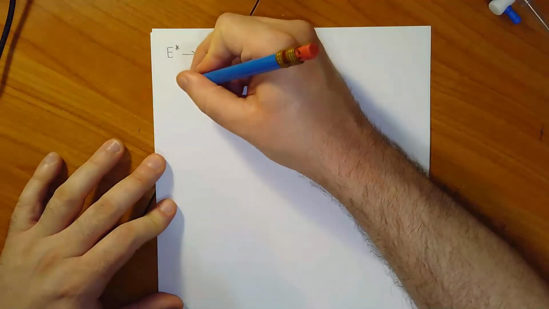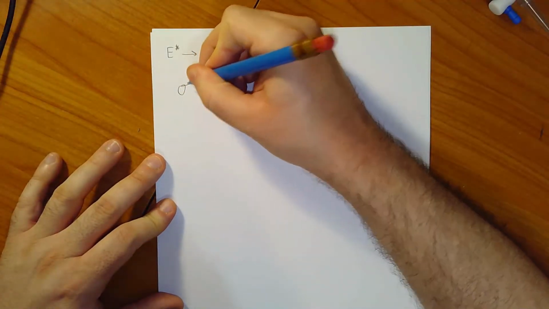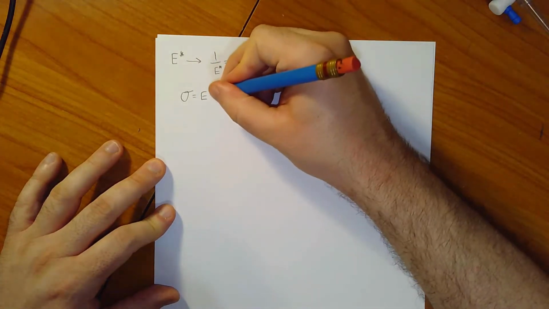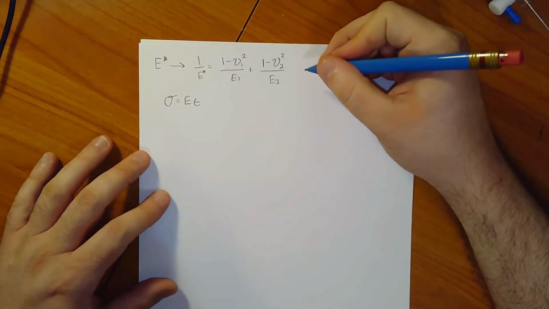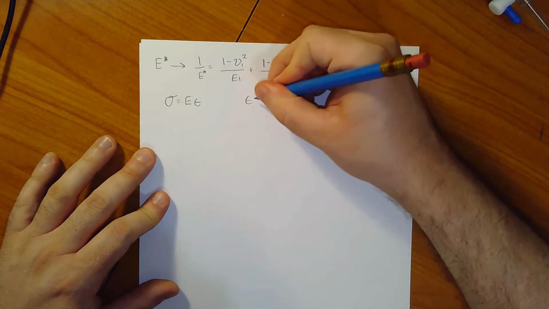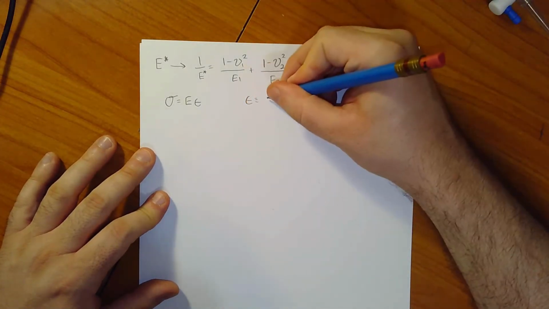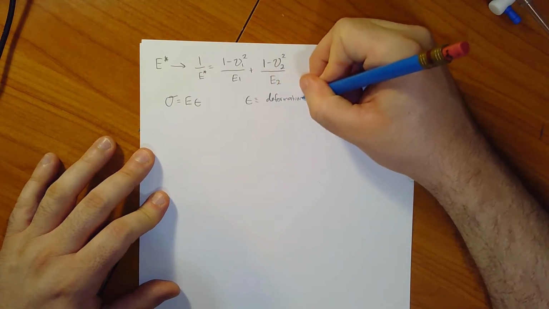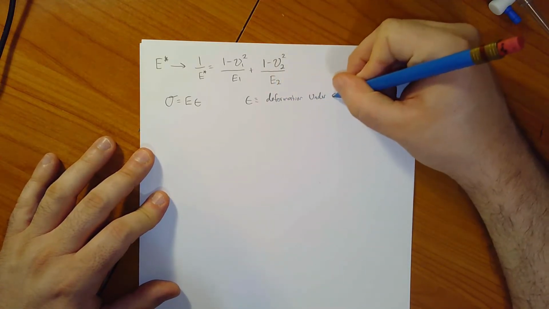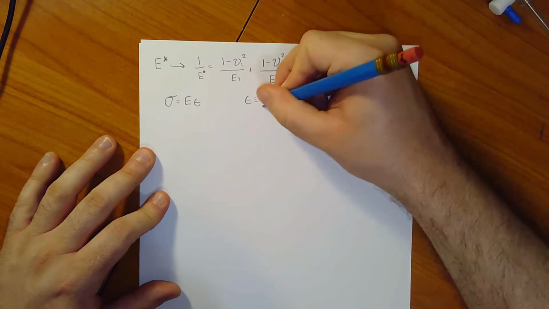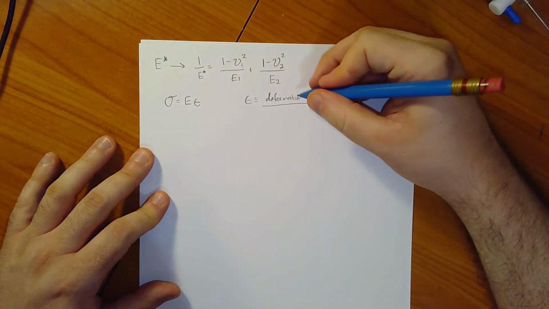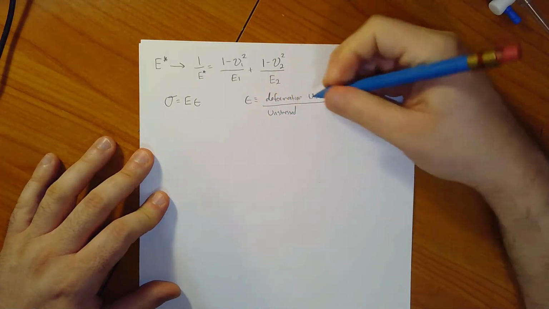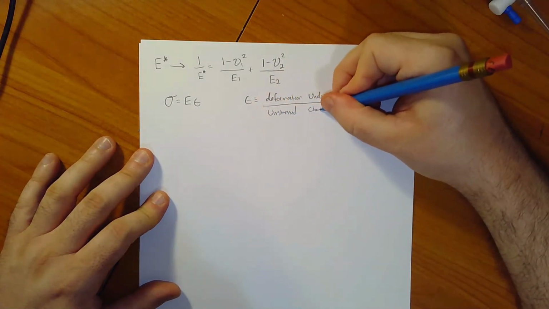The stress is equal to the Young's modulus multiplied by the strain, and the strain is just the deformation under some stress in the numerator, and in the denominator the unstressed characteristic length.